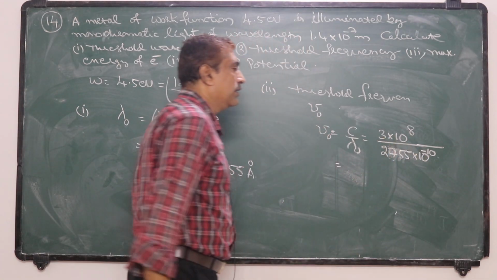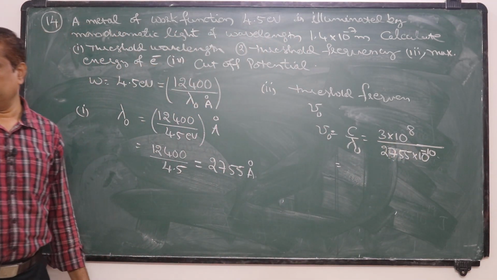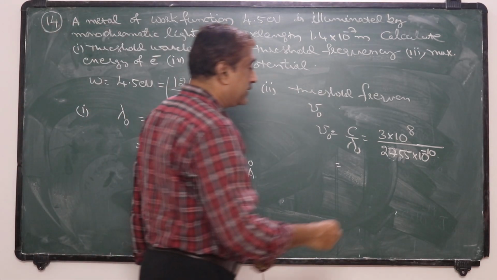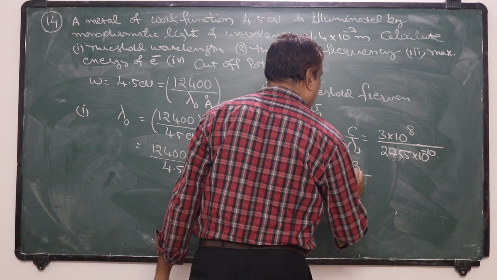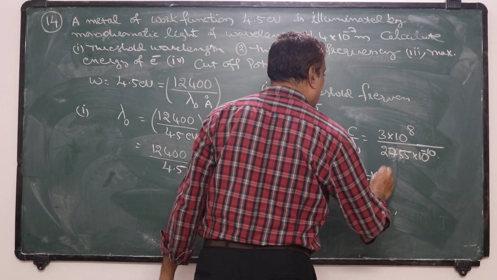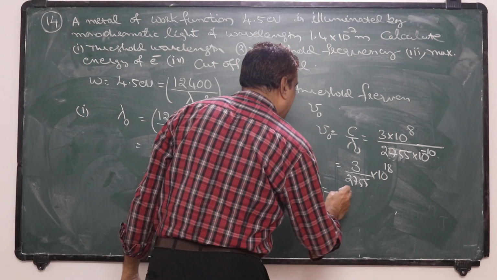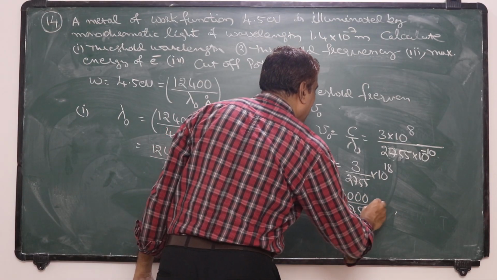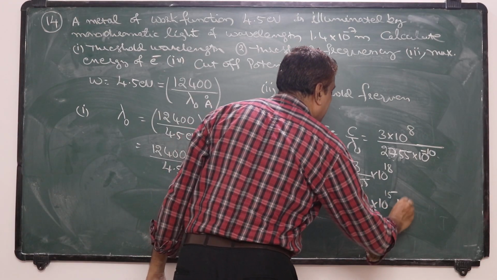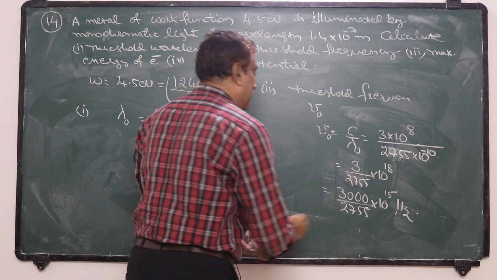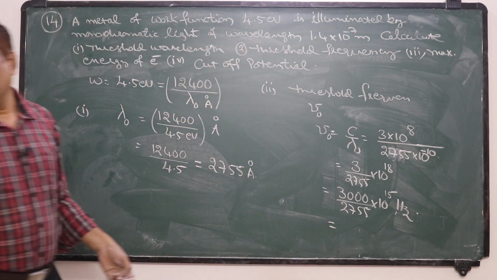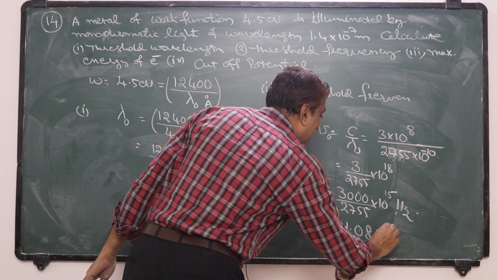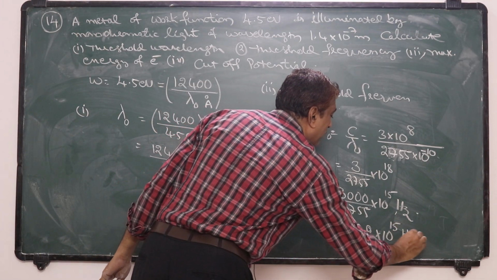So from this calculation, that is 3 by 2755 × 10^18, so we can write it as 3000 by 2755 × 10^15 hertz. And this is approximately 1.08 × 10^15 hertz.